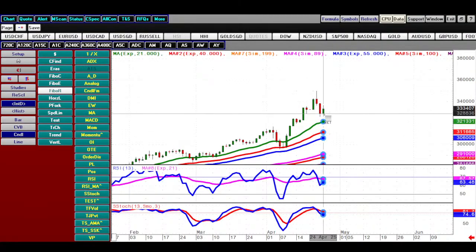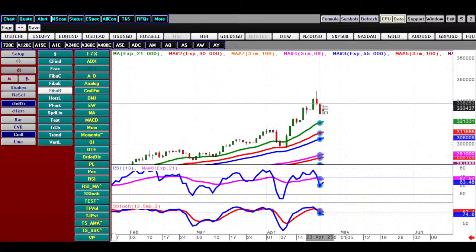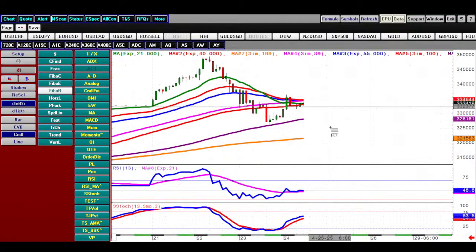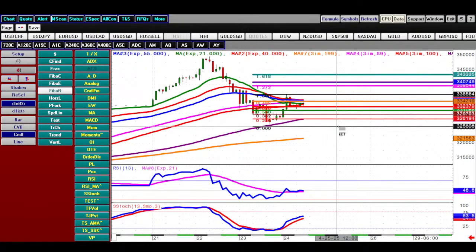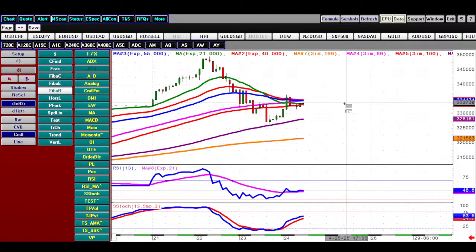So expect that 80, 82 to be testing for today. If it tests, maybe by tonight we should be able to see 82 or even higher. If it goes, then probably 94 or 3405. So that should be your next level for a sell.